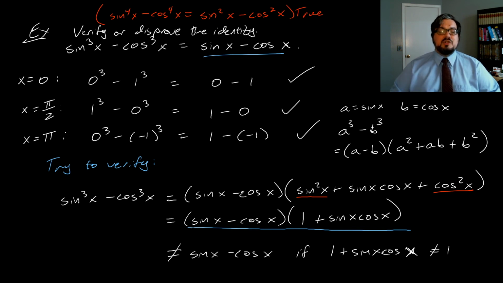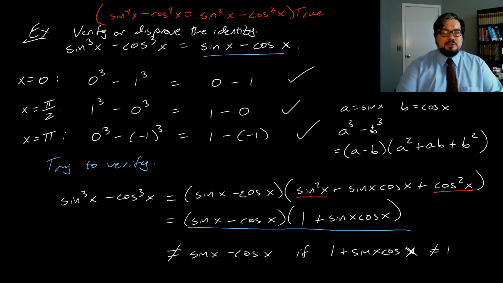Now, we could use a lot of our standard angles. We can use pi over 6, pi over 4, pi over 3, or 30, 60, 90 degrees. But we could also just construct a triangle. We know that the angles inside the triangle have sine and cosine values.